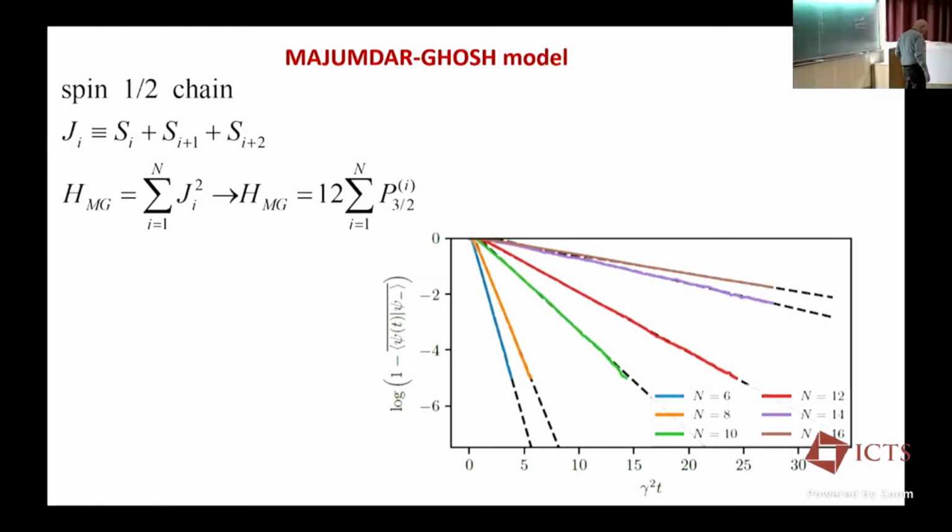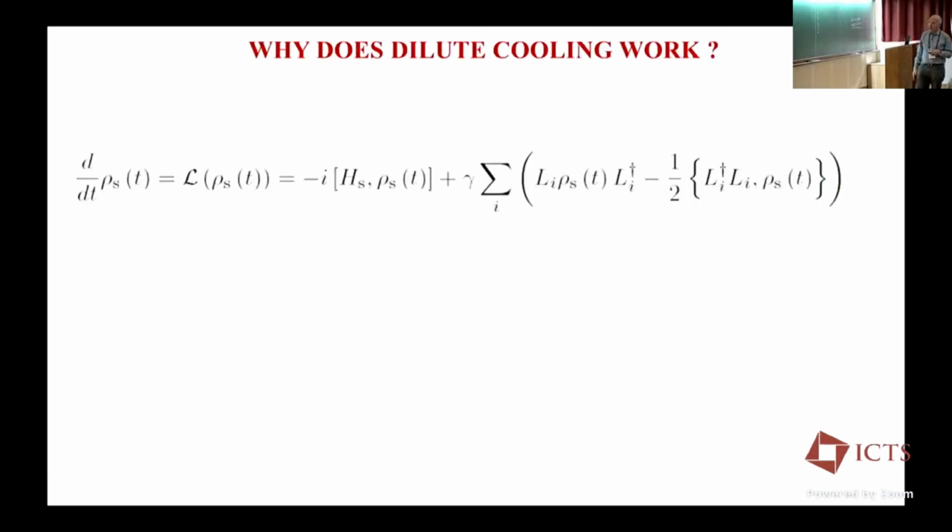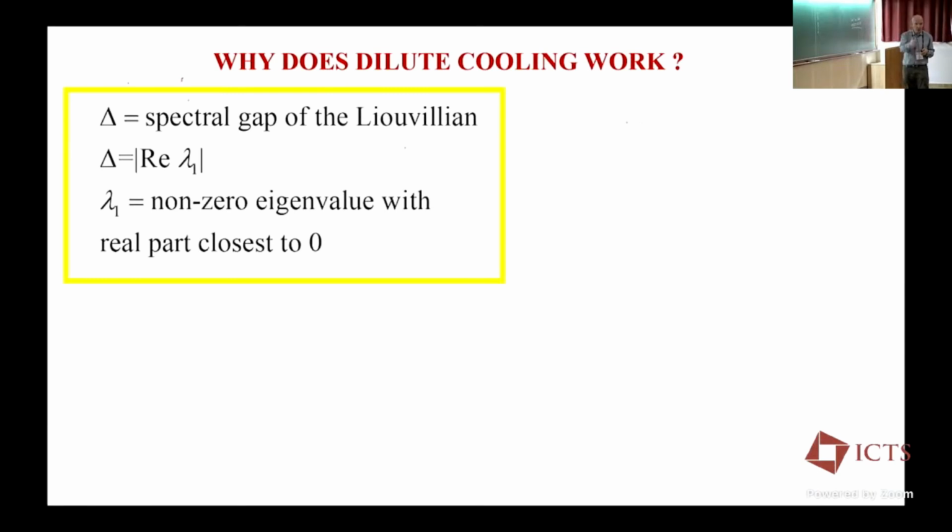So let's try to see whether we can develop some more analytic understanding of what's going on here, and in order to understand why this works at all, when the jump operators of this Lindbladian are local. Let me start with a definition, which was exactly raised by you. I have a Liouvillean dynamics, which is a linear equation in rho, the density matrix.